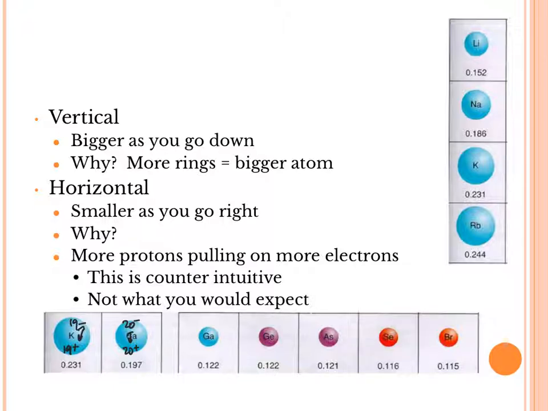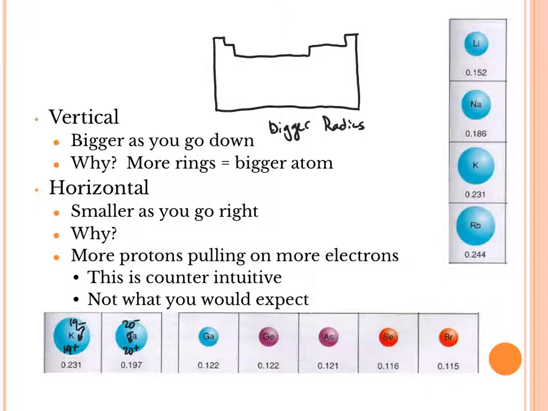This is again counterintuitive to what you think, because adding mass should increase the volume or increase the radius, but in fact as you add mass by adding protons and electrons, they actually pull in tighter and tighter, which means your smallest elements in a row are further to the right, and your bigger elements are further to the left.